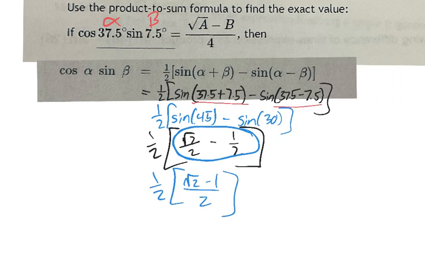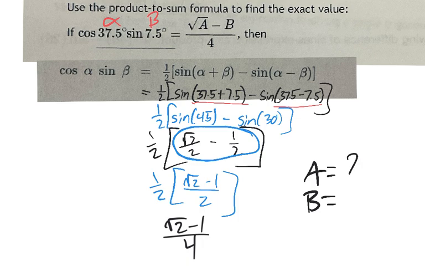When I multiply fractions, I multiply straight across. 1 times radical 2 minus 1 is radical 2 minus 1. 2 times 2 is 4. So my answer here should be radical 2 minus 1 over 4. And I'm having to make it match this, which means they want me to identify the A value and the B value. A is what's underneath the radical, it's 2. B is the whole number being subtracted, so it's 1.